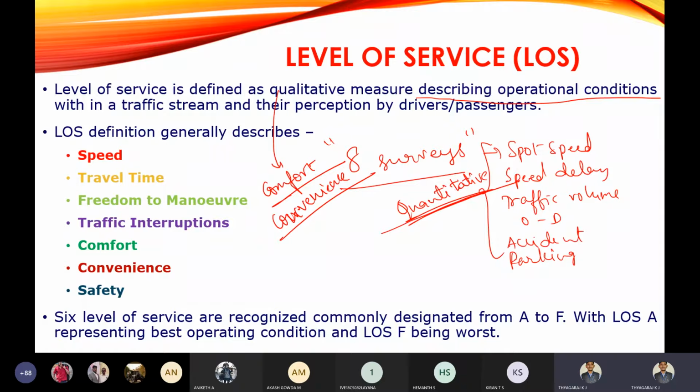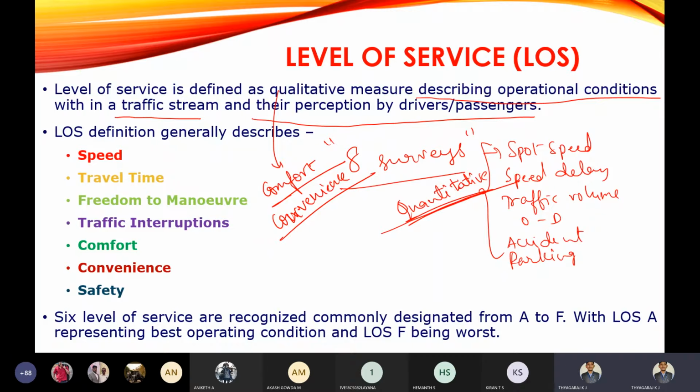So LOS is defined as a qualitative measure describing operational conditions within a traffic stream and their perception by the drivers and passengers. From the point of view of the driver and passenger, we are going to study today how qualitatively good the road is, whether the road is providing any comfort and convenience to the passengers or the drivers.